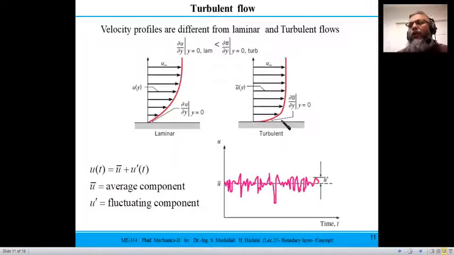So whenever we draw that velocity profile, we are talking about the average of the velocity, because in turbulent flow velocity is a function of time. So we are not talking about the fluctuating component. We are only talking about this in this drawing that velocity profile and calculating that velocity gradient. We are only taking into account this average component of the velocity.